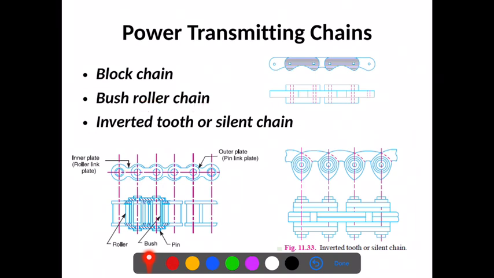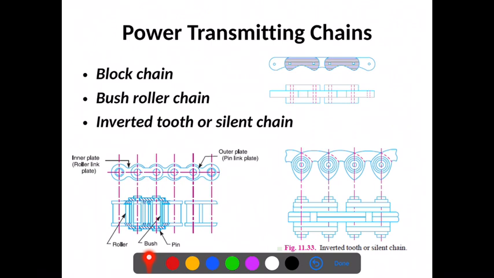In the bush roller chain, because of continuous use, the chain may get slightly elongated, and then the pitch of the chain gets disturbed and does not match perfectly with the sprocket pitch, and because of that there is excessive wear of the chain and of the sprocket, and the whole system may get damaged.